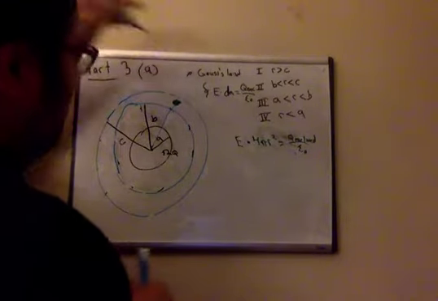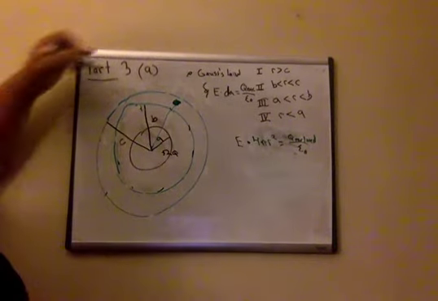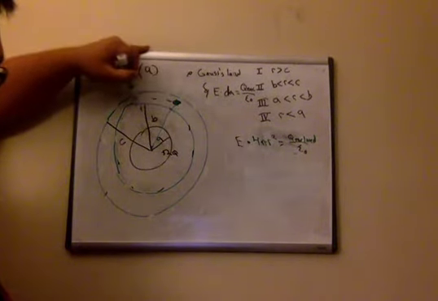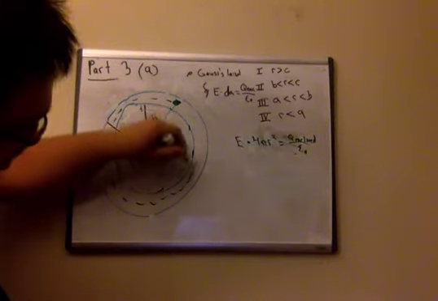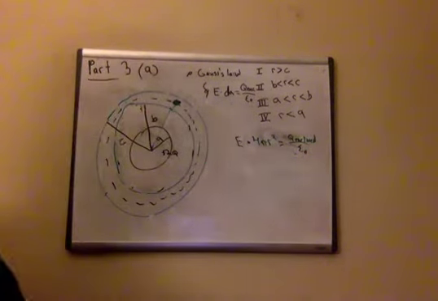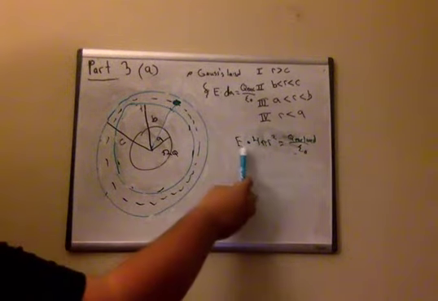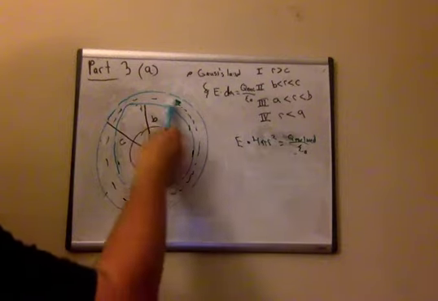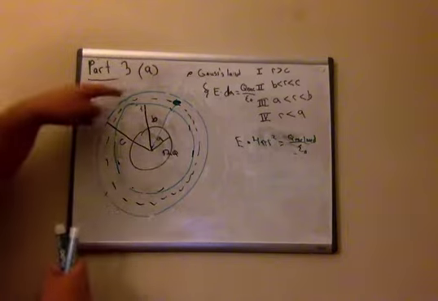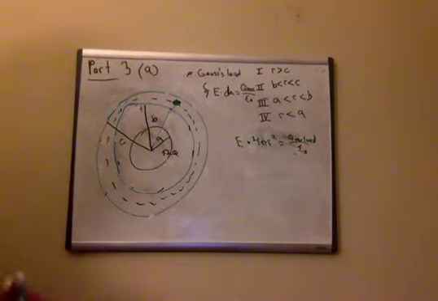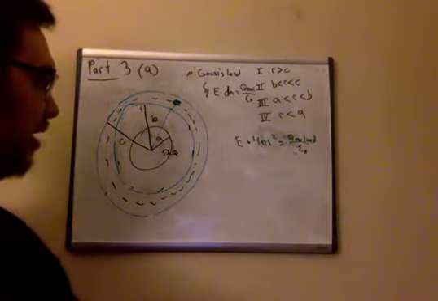Now we can again use Gauss's law, and we have our Gaussian surface inside the shell. Essentially it's the same thing: the electric field times the surface area of our sphere, where the dotted line represents the sphere, is equal to the charge enclosed over epsilon naught.